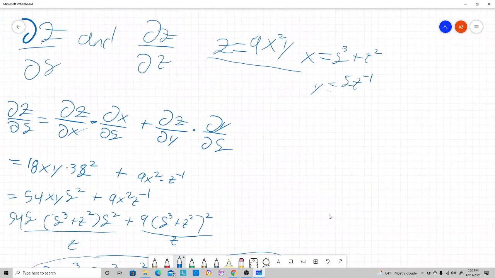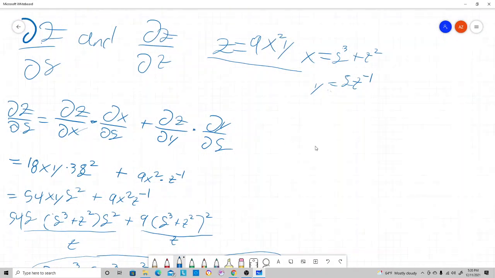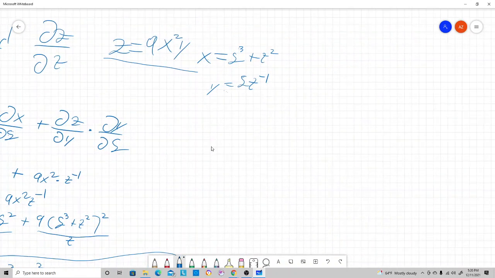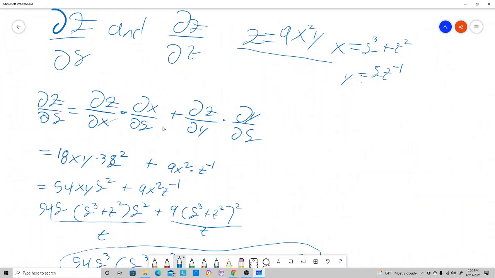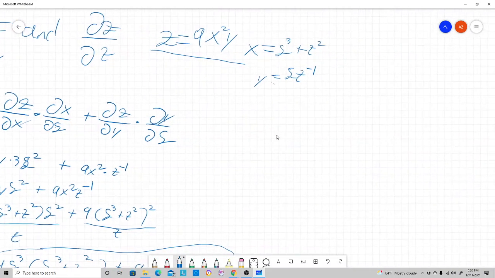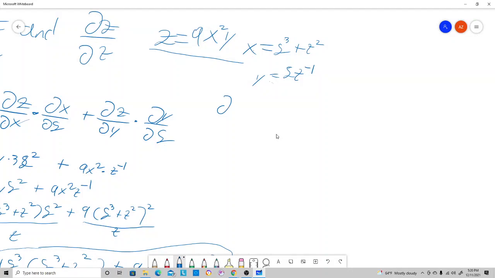Okay, so that's in respect to s, but what about in respect to t? Well, we gotta follow the same format. Instead of s, it would be the t's. So let's do that. The partial of z with respect to x is going to be 18xy times the partial of x with respect to t, so 2t, because now we're doing respect to t, so we put s as a constant.